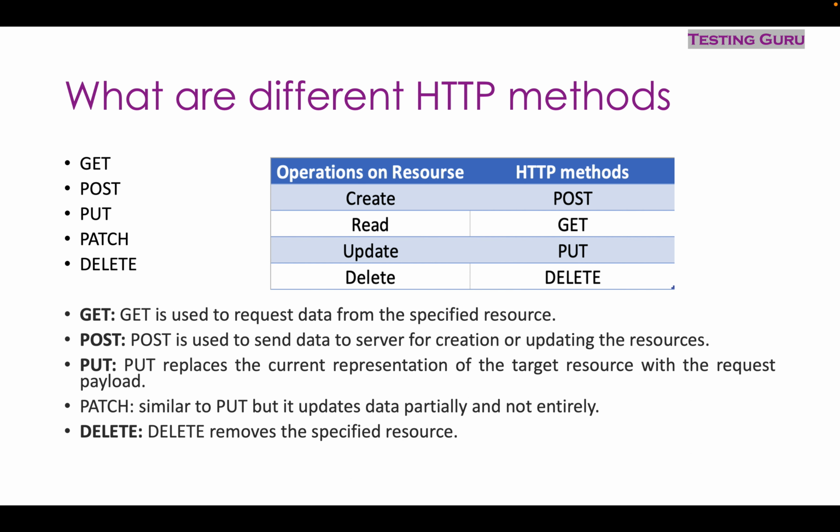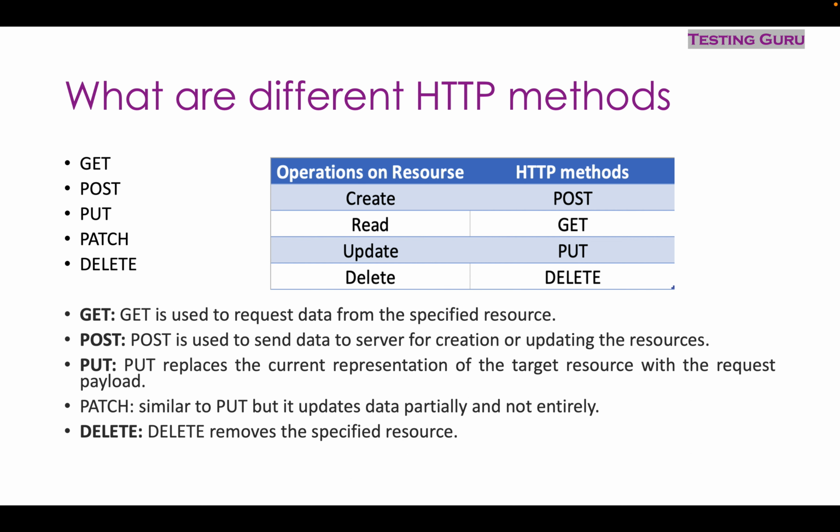So whenever we send a put request, we always use a specific record to be updated, and it updates the entire record, the entire row of that particular record. So that is part of the put request. And we also have another method called patch, which is similar to put, but it updates only specific values, specific attributes only.